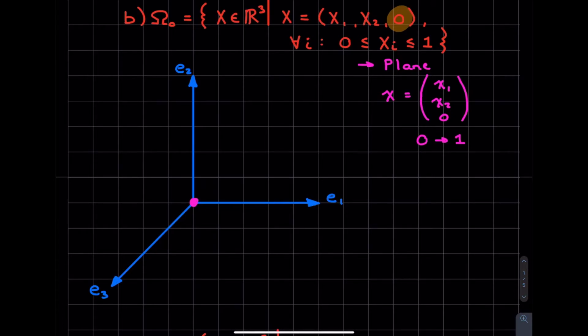Now, if I were to take x1 as the extreme and the rest are 0, then I get 1, 0, 0, so something right here. And if I were to take x2 as the extreme, 0, 1, 0, I get the point up here. And if I want everything at the extreme, so x1 and x2 is equal to 1, then I get this point right here. So as we see, it's the same process as before, where we just created that plane.